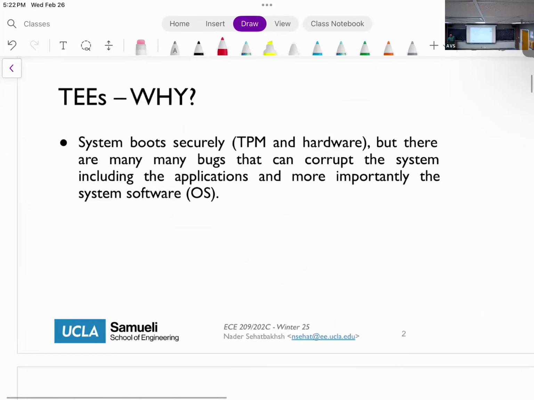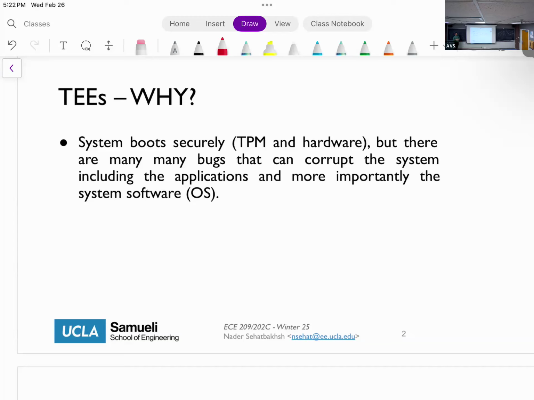But the idea that we are going after now, to finish the discussions, is: what if there is some form of an inherent bug or problem in your system, so that even when you're loading it, the system is already compromised? Or you have reasons to believe that the system is not trustworthy. For example, you don't necessarily trust the system as is.